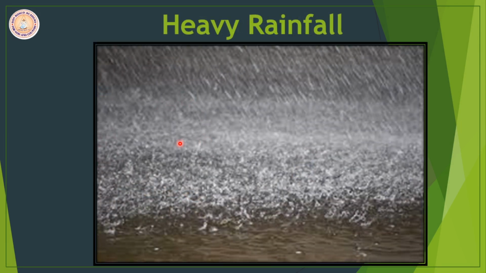Heavy rainfall can also occur due to explosive eruption of volcanoes that can result in heavy clouds, and they can lead to very heavy rainfall which can ultimately lead to landslides and floods.